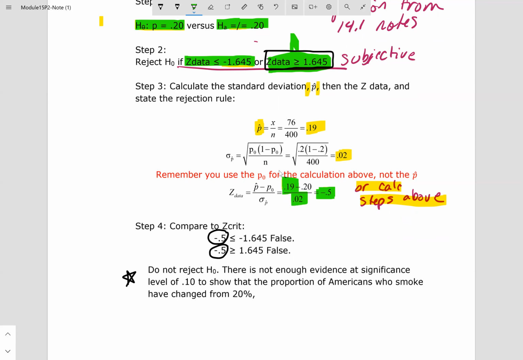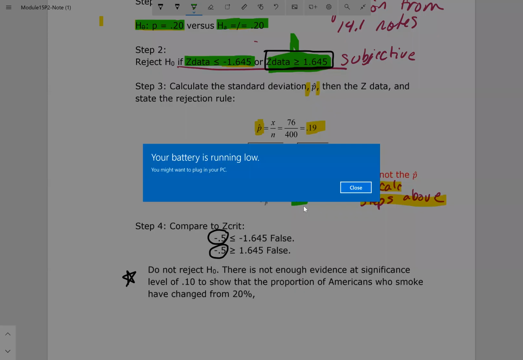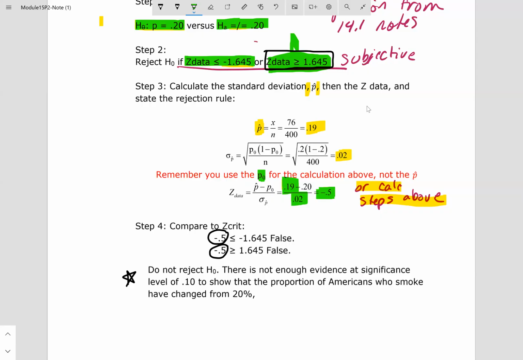It says up here that what you're trying to use for that is the original 0.2, not the 0.19, because remember, we're trying to find how far away our p-hat is from the original proportion that they were using. So you can do all of those.